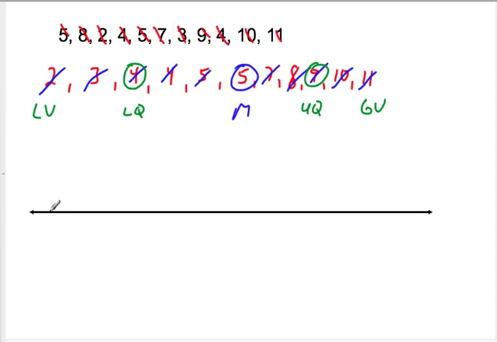We can just go from 0, maybe 2, 4, 6, 8, 10, 12. There we go. And so we need a least value of 2. Put that right there. Lower quartile of 4. Median of 5. Upper quartile of 9. And a greatest value of 11.